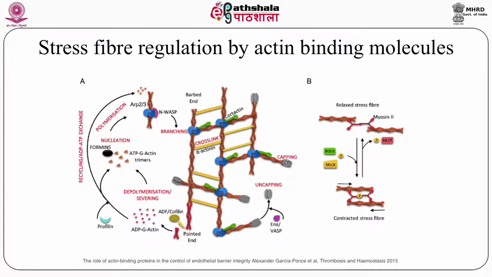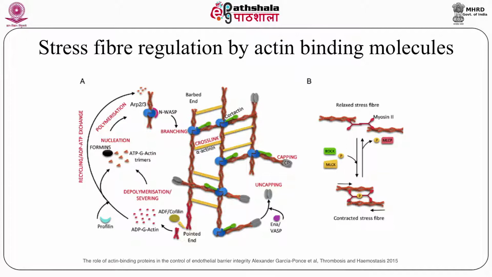To prevent constant growth of actin filaments, barbed ends can be blocked by these capping proteins. Capping can be prevented by other actin binding molecules such as VASP and ENA. These promote filament elongation. VASP stands for vasodilator stimulated phosphoprotein and ENA is another actin regulatory protein.